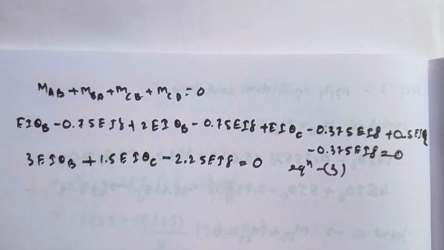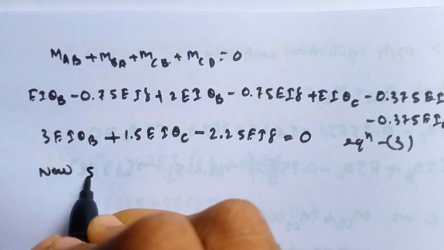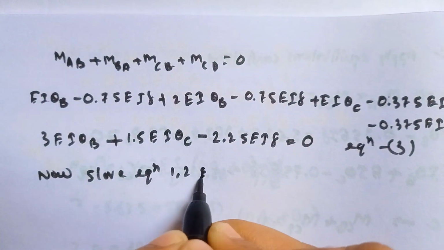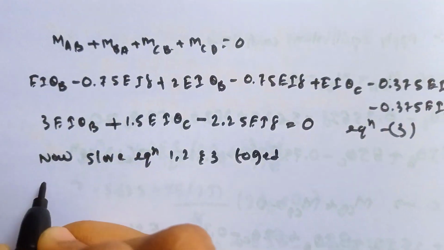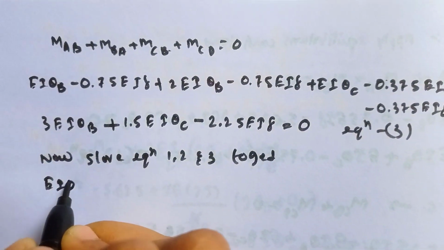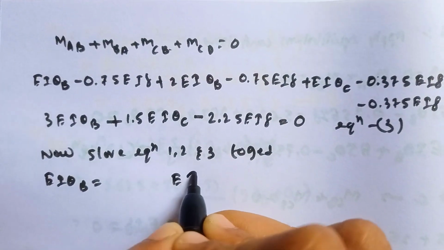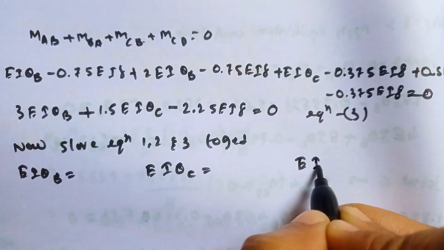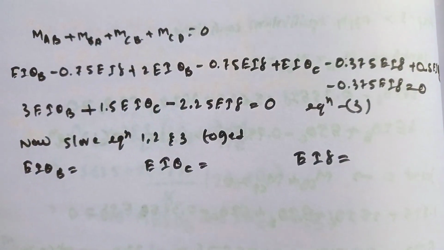Now we have to solve these three equations. Solve equations number 1, 2 and 3 to get the values of EI theta B and EI theta C as well as EI delta. By solving these three equations, we will get it.